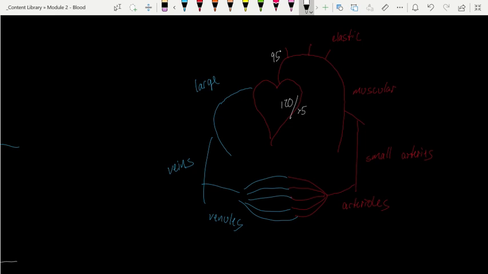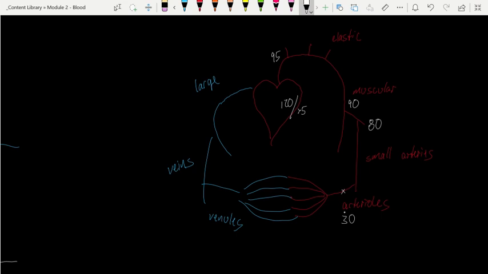We've got a couple of branches, and out here, by the time I am measuring this blood pressure in a blood pressure cuff on my arm, up here we're at 90. We've got a branch. Now we're down to 80. And then as we enter the arterioles down here, we're at 30. What happened between 80 and 30? That's something that we want to talk about in just a second.